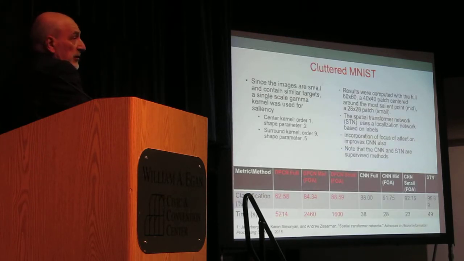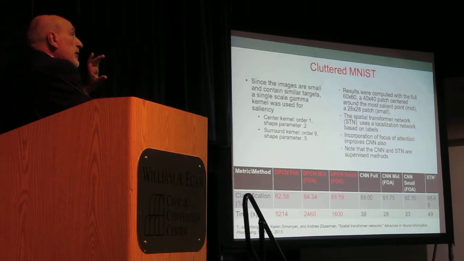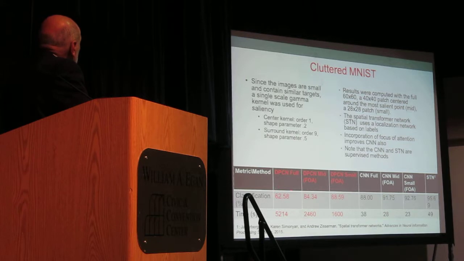And this is totally unsupervised. So this is what the DPCN gets if I present the full 60 by 60 image, this is the performance. The performance is not very good, but if I put in the Foveat region, the focus of attention, the improvement is very good. So this is unsupervised, right? If I use a CNN with labels on the full image, because this is a noisy image, this is the performance that you get.